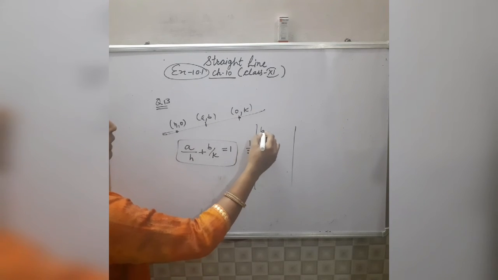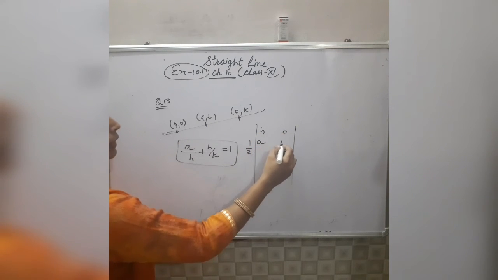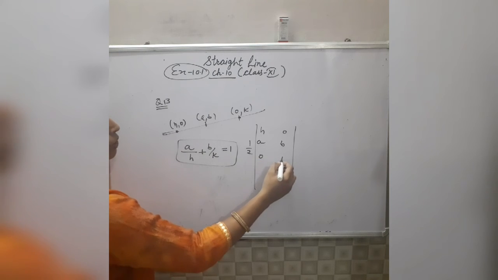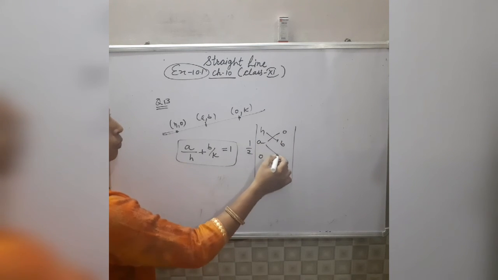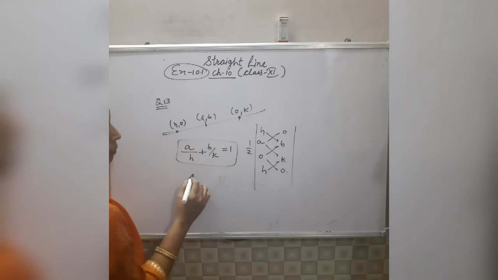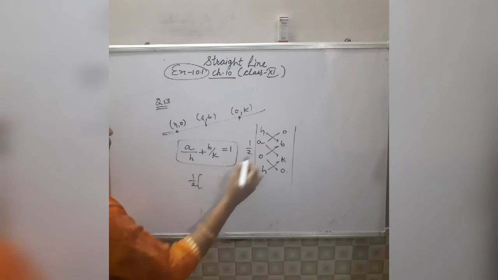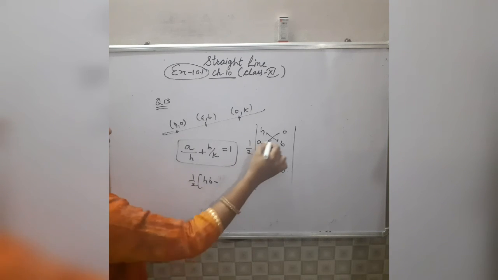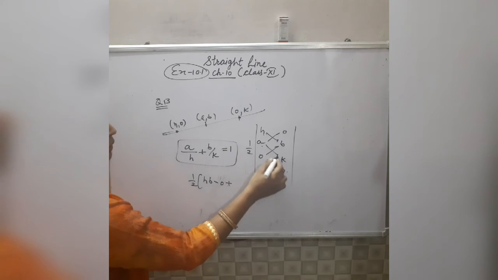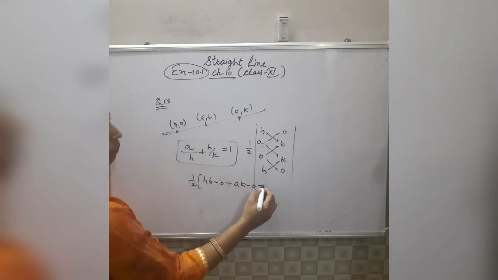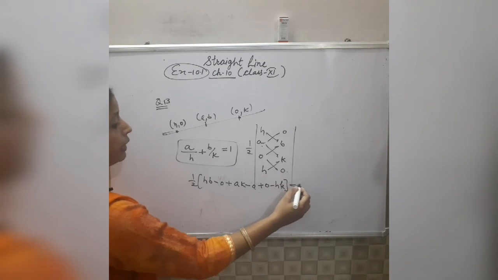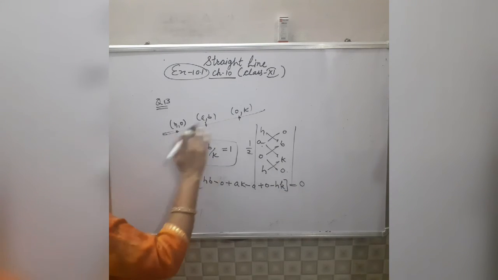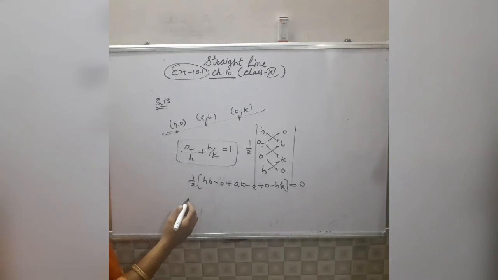Formed with these 3 points: h comma 0, second vertex (a, b), third vertex (0, k), then repeat the first vertex again. Now take cross product, means half into (hb minus 0) plus (ak minus 0) plus (0 minus hk), and this area will be 0 because these 3 points lie on a straight line.